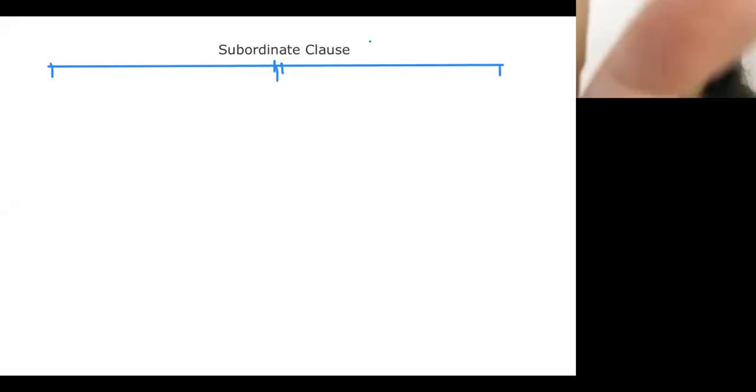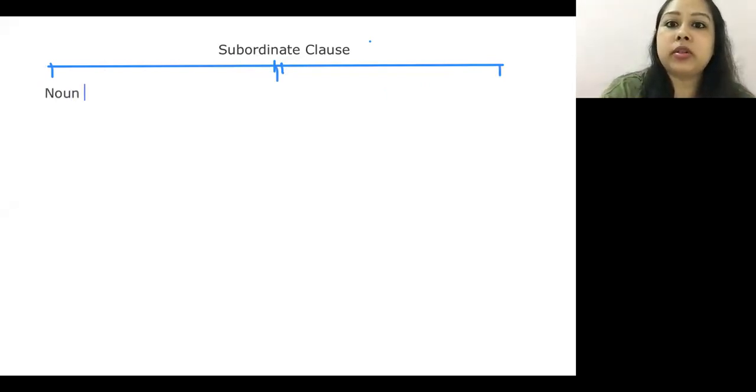My first subordinate clause is a noun clause. My second subordinate clause is my adjective clause. And the third one is adverb clause.